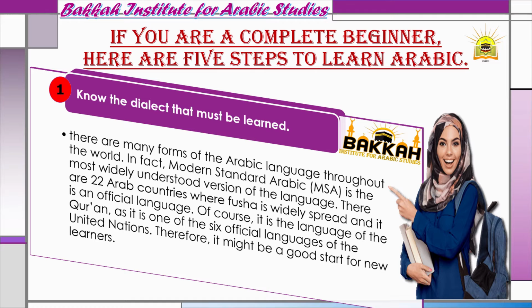There are 22 Arab countries where Fusha is widely spread, and it is an official language. Of course, it is the language of the Quran, as it is one of the 6 official languages of the United Nations. Therefore, it might be a good start for new learners.